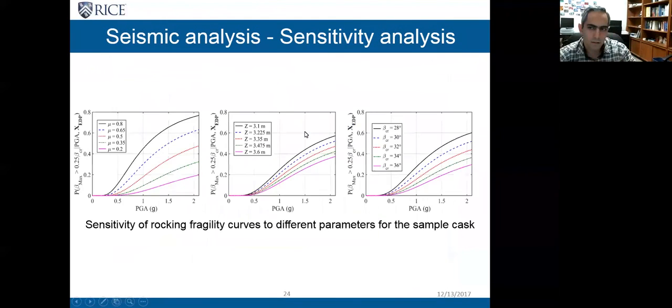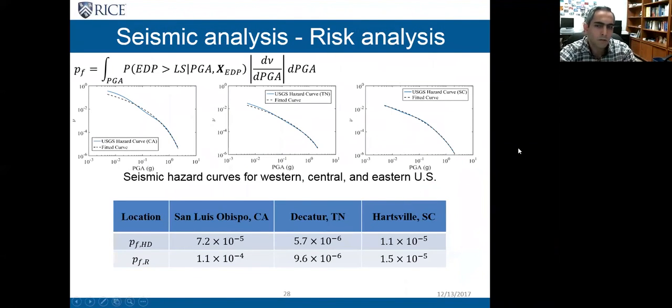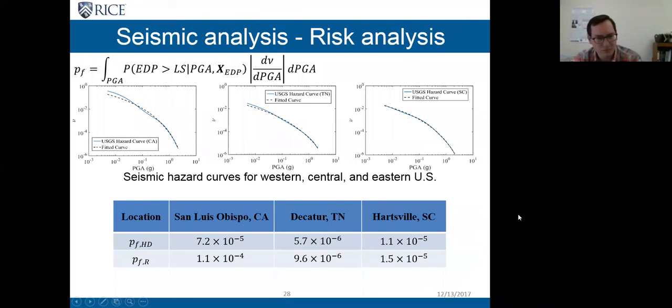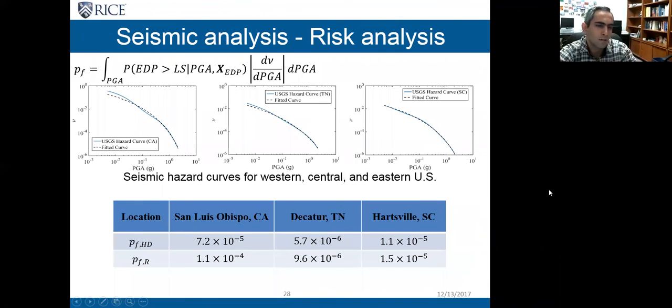So obviously, where we have a lower seismic hazard, the probability or the risk of failure is lower, which I talked about here in the risk analysis section. If you look at the risk at different locations, it's higher on the West Coast, and it's smaller for the central US and for the East Coast. So it depends on the seismicity of the region and how close the casks are to the seismic sources.